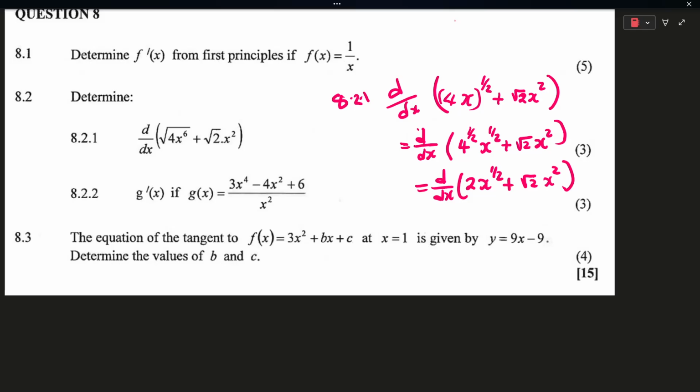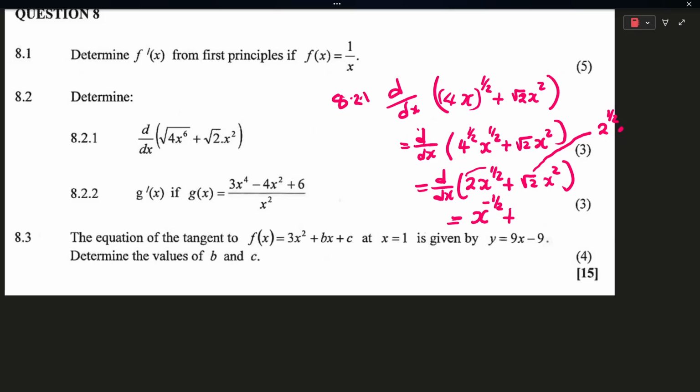Okay, now we want to derive. What is the answer when we derive? 2 times half, we're going to get a 1. So this is x to the power of half minus 1, which is negative 1 over 2. Then here we say plus, you multiply by 2, it is going to become what? Remember this: square root of 2 is 2 to the power of 1 over 2.